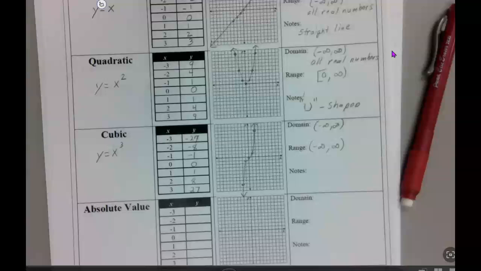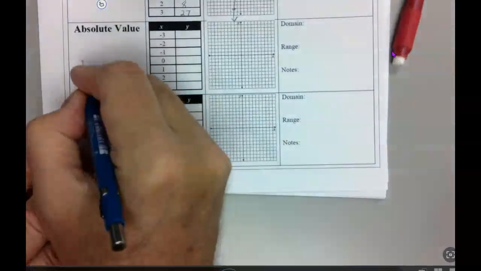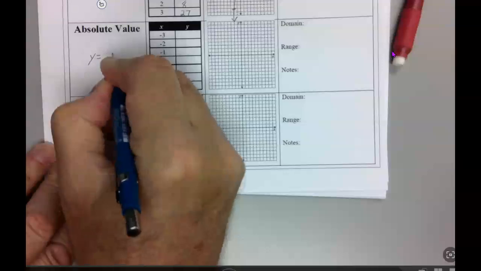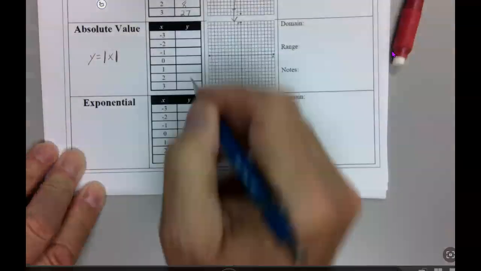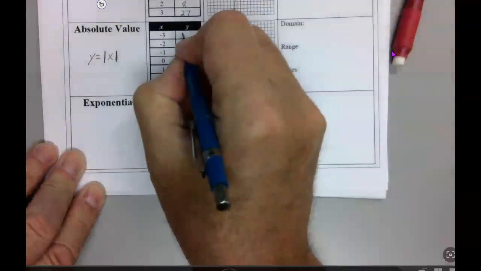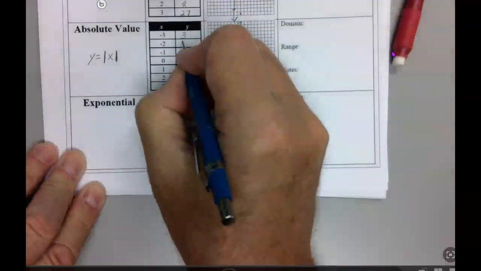These are all what's called the parent functions, where we start from, okay? Everybody have this? Okay, absolute value function is y equals absolute value of x. So negative 3 gives me positive 3. Negative 2 gives me 2.